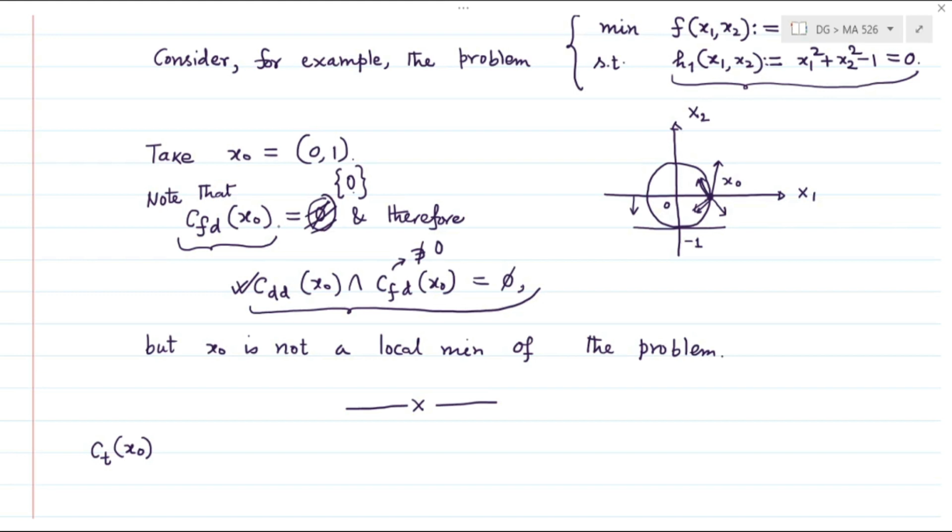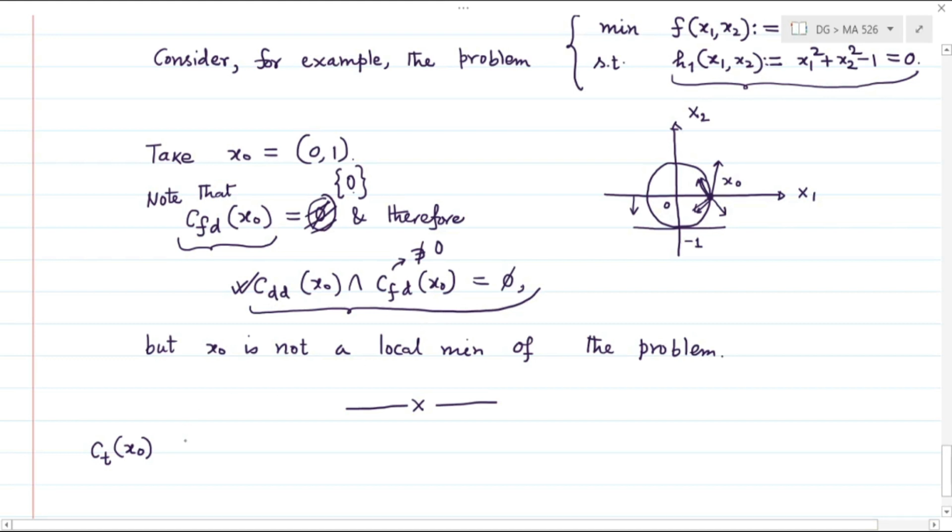Anyway, the thing about the tangent cone will be clear on the next day, and with the help of the tangent cone we will find another geometric necessary optimality condition, which is more robust than this condition, that the intersection of the descent directions and feasible directions is equal to null.